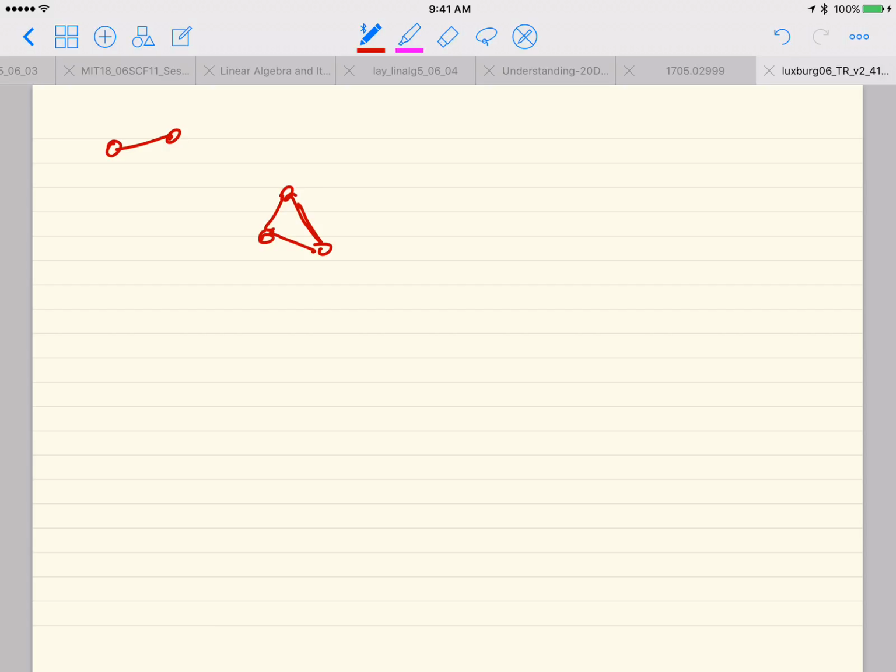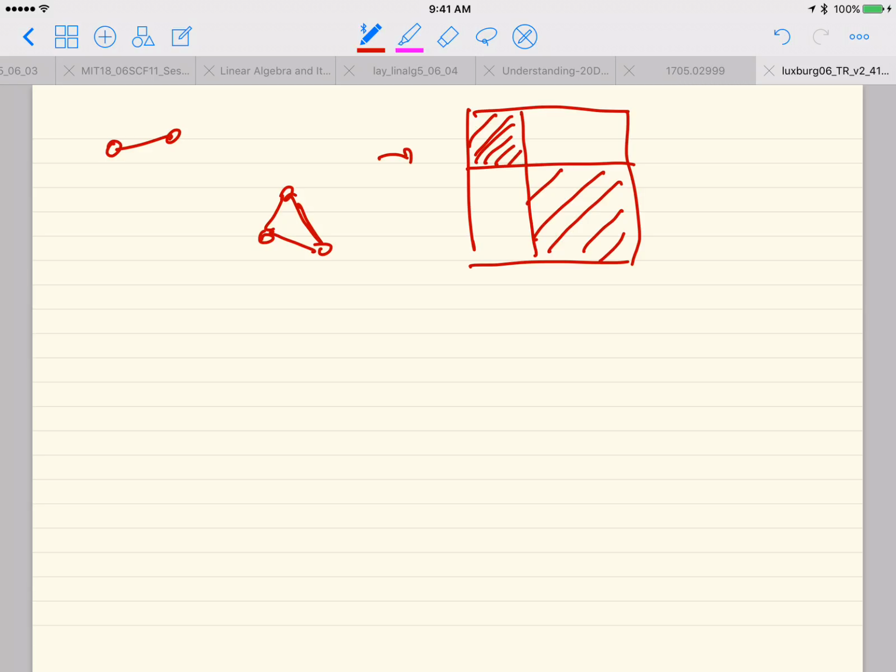We have no edges, right? So in this case, we can think about this block diagonal structure in our adjacency matrix A. With nodes 1, 2, 3, 4, 5 and 1, 2, 3, 4, 5, we shouldn't see any edges between this group and this group, so we see all 0 values here.